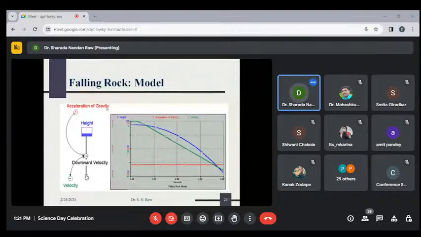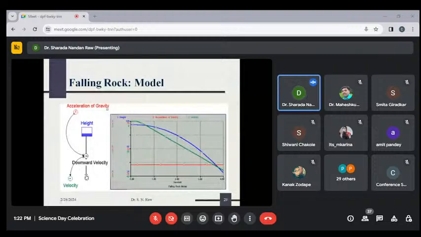Then height is 25, and velocity is -40, up to when the stone hits the ground, and we take the data. So from that we can imagine the actual scenario of this falling rock.